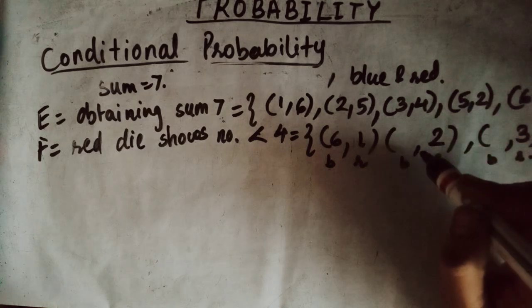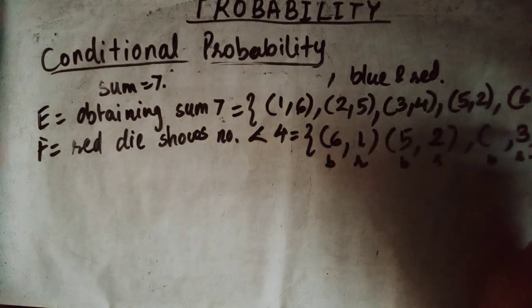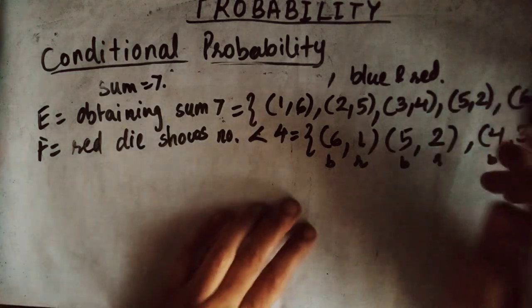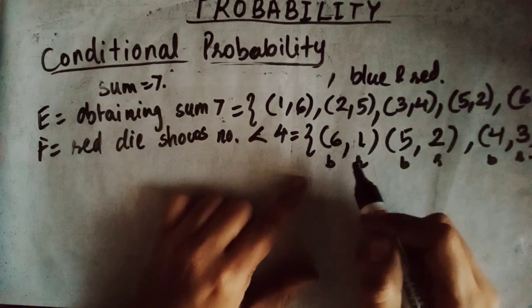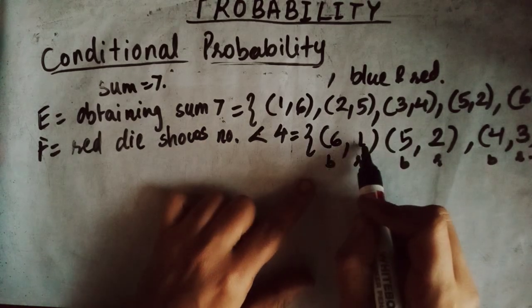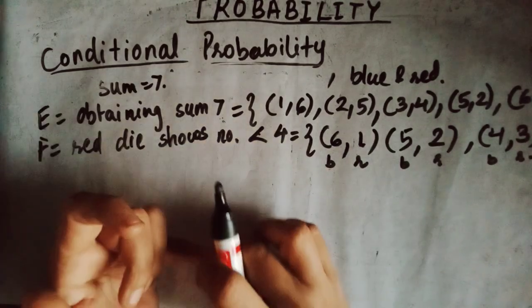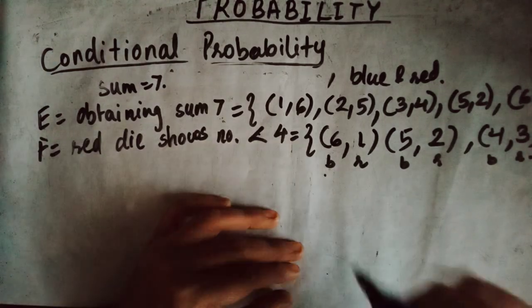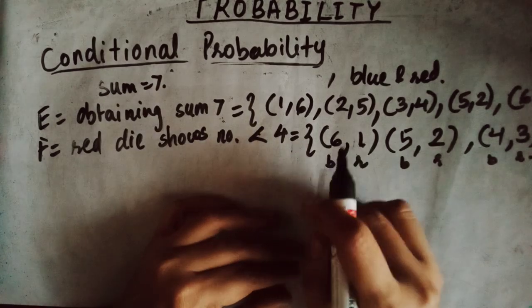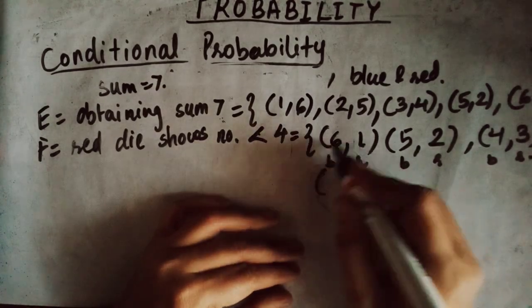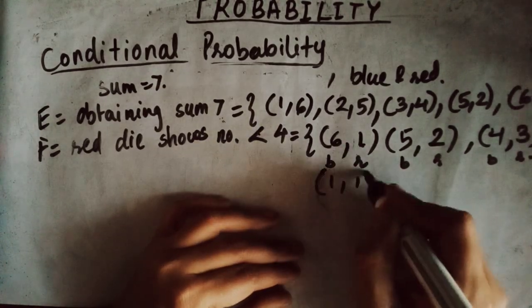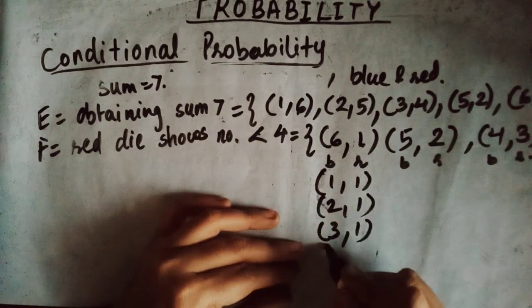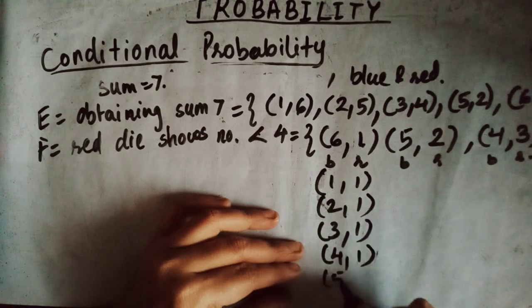For 1 you will get combinations with 1 1, then 2 1, 3 1, 4 1, 5 1, and 6 1.